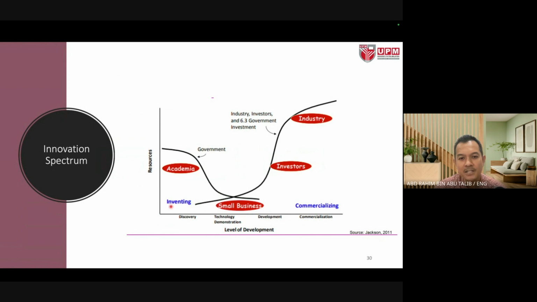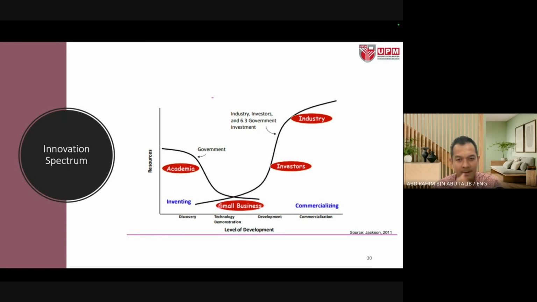So the discovery activities are TRL 1 to 3, where people in the universities get involved, and government involvement is normally very high, where government gives funding to academia and researchers, and this is where the process of inventing, starting ideas coming in.